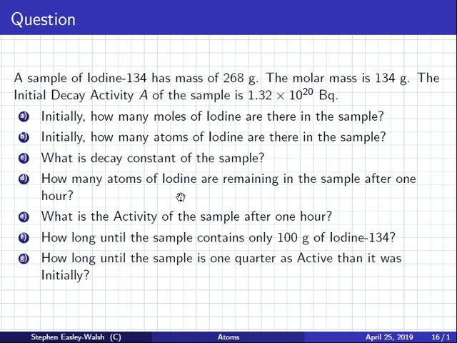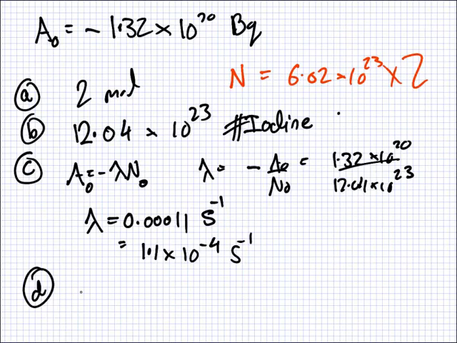How many atoms of iodine are remaining in the sample after 1 hour? So that's this formula. N equals N0 e to the minus lambda t.